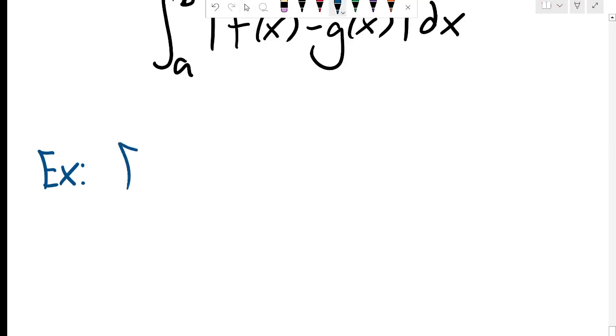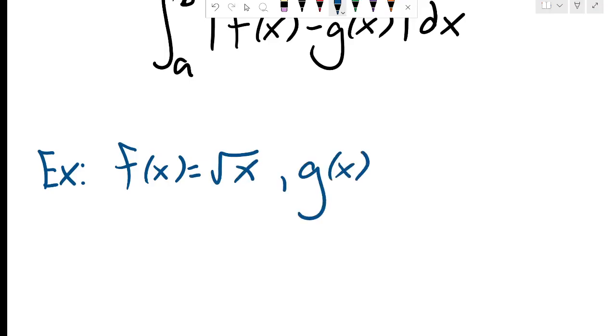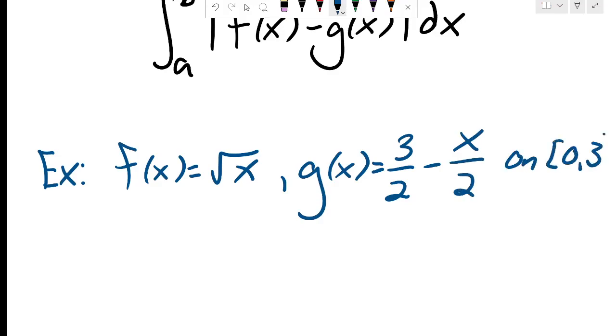So let's look at the area between f of x equals the square root of x and g of x equals 3/2 minus x over 2, on 0 to 3. Okay. So you can draw this picture here.